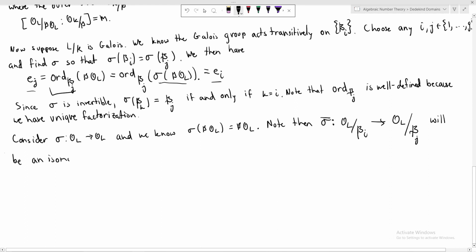And it's going to be an isomorphism of O sub K mod p vector spaces.